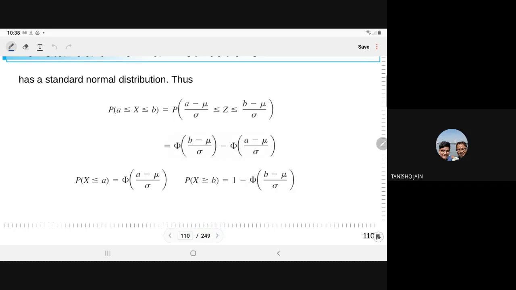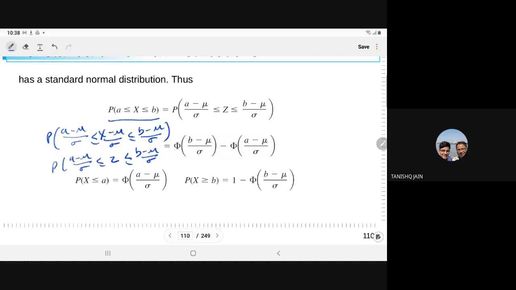For example, if you have to compute the probability that x lies between a and b, from all parts you subtract mu and divide by sigma. The middle value becomes z, and the limits become a minus mu upon sigma and b minus mu upon sigma.